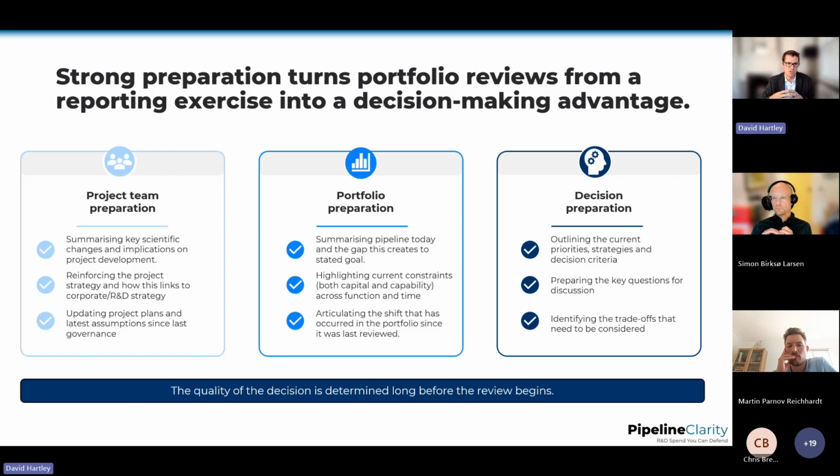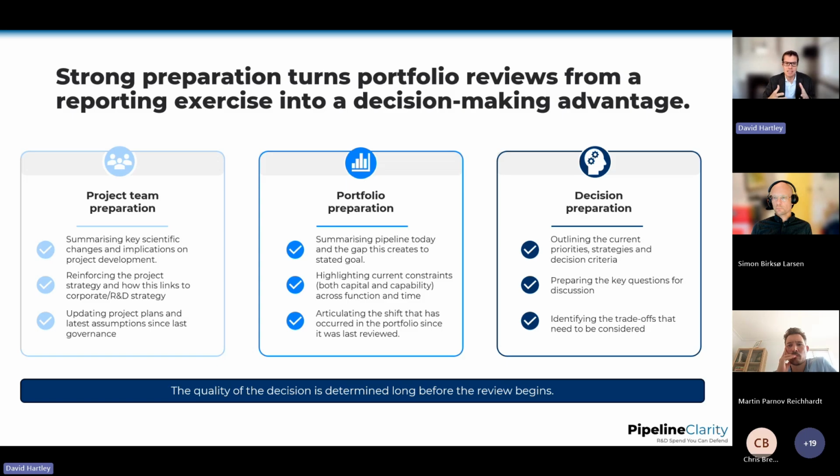From a portfolio perspective, typically the activity involved is all about understanding the context in which the decision is going to be made. So this will involve summarizing the pipeline today, understanding where it is today, and looking at the gap that this creates to the stated goal, the strategies and objectives that have been set out.